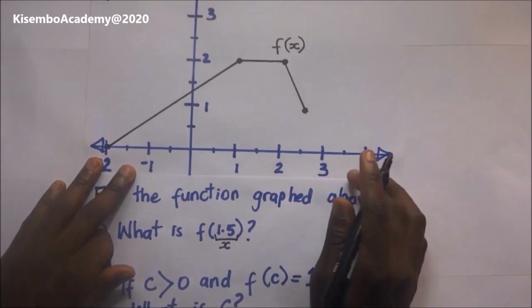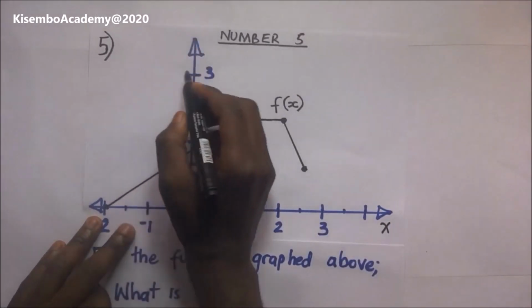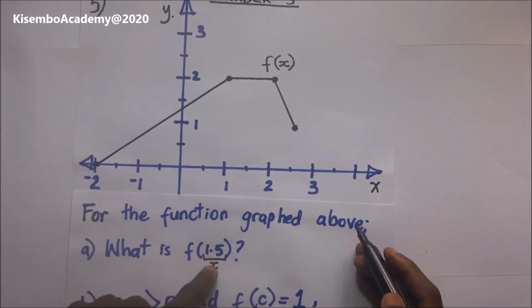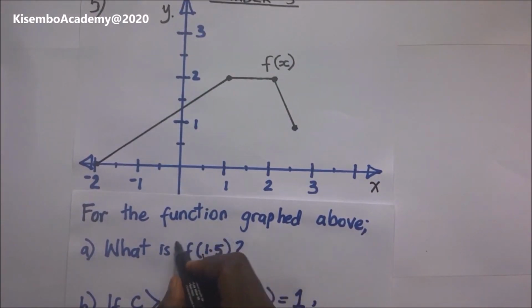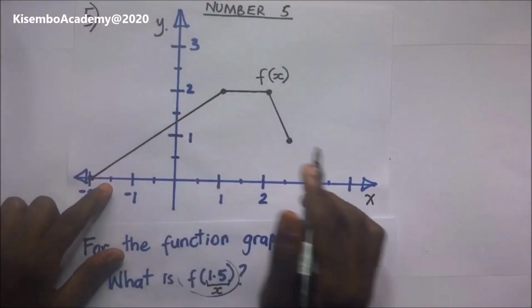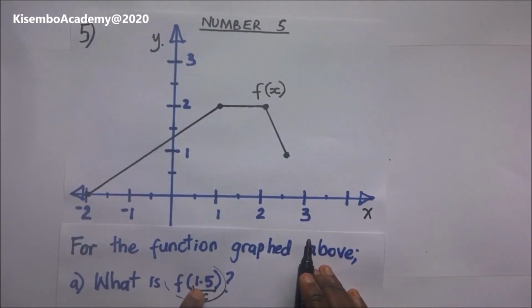Of course this is our x-axis, and this right here is our y-axis. So when they say f of x when x is 1.5, it's like they are saying, what is the value of y when x is 1.5. So we come here and look for where 1.5 is.